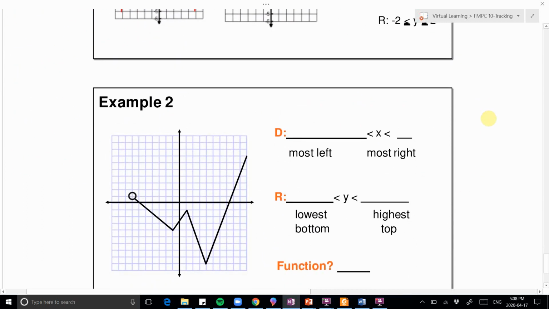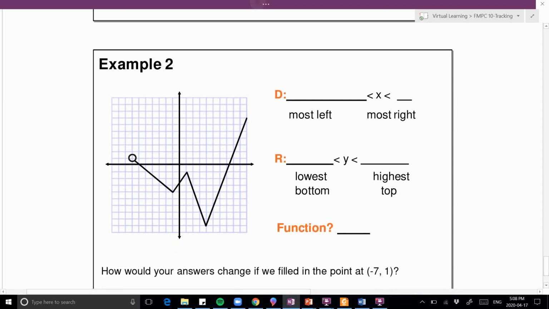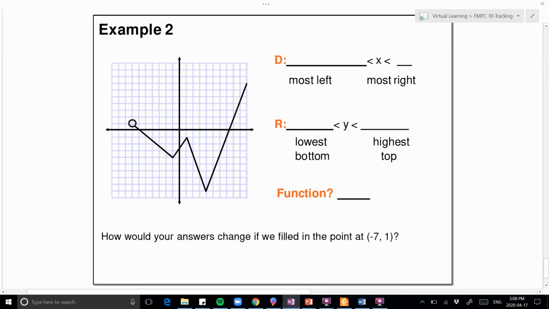Okay, so for our last example, we're going to start with our range, or domain, sorry. So remember, domain, we're starting at the smallest, going to the biggest, and we're going to hit the furthest points. So we've got 1, 2, 3, 4, 5, 6, 7, negative 7. And once again, because that's open, we're not adding a line under. And then on the top end, we've got 1, 2, 3, 4, 5, 6, 7, 8, 9, 10.